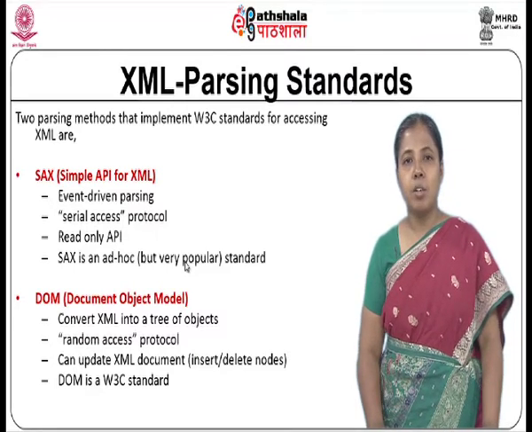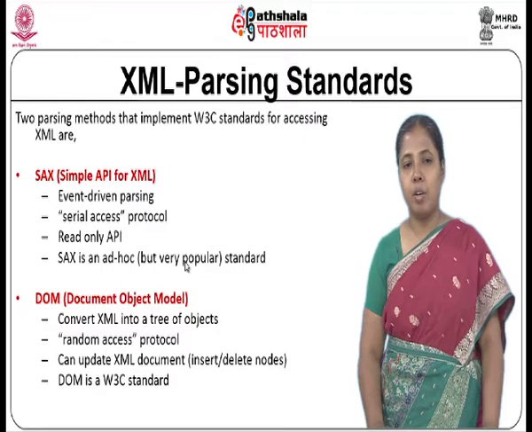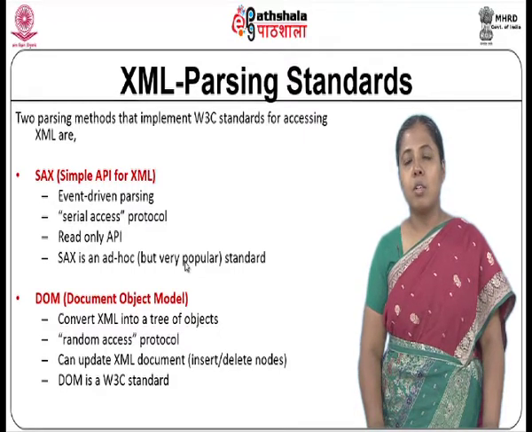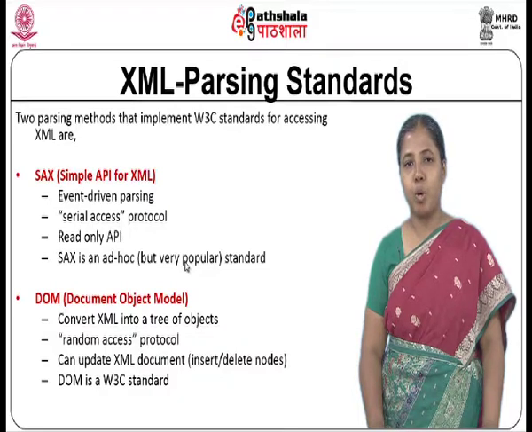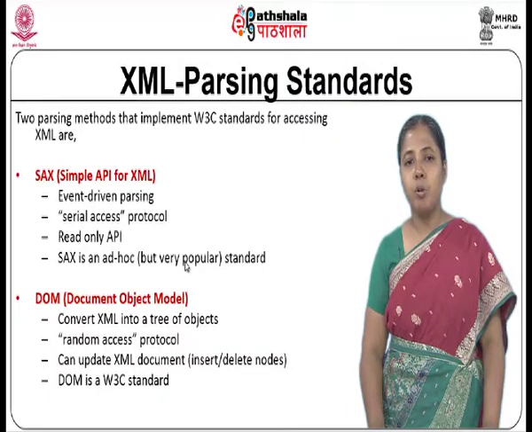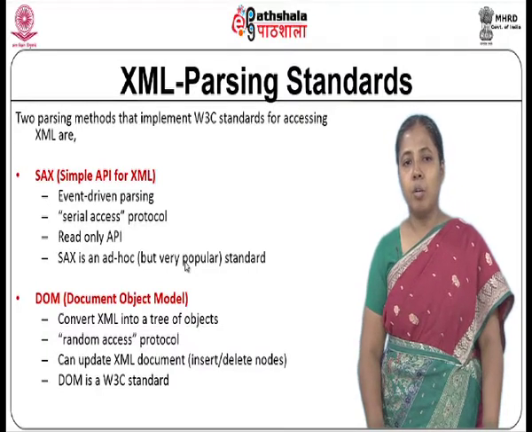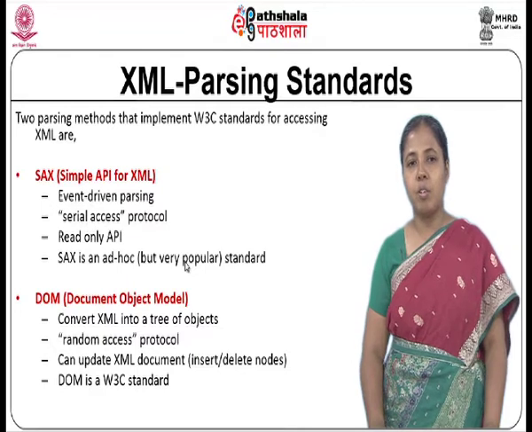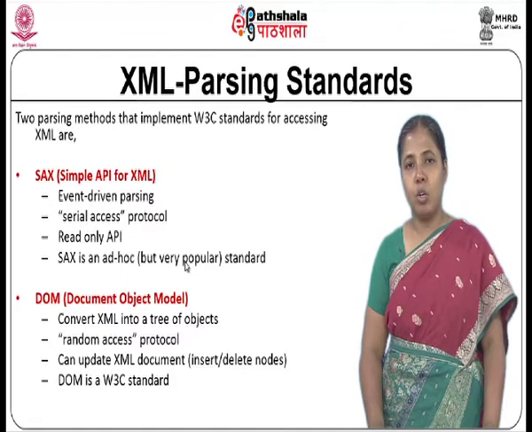SAX is an event driven parsing, and the protocol applied here is called a serial access protocol. It is only a read only API, and it is also used as an ad hoc standard. Whereas, the document object model converts an XML document to a tree of objects, and its protocol is called a random access protocol.